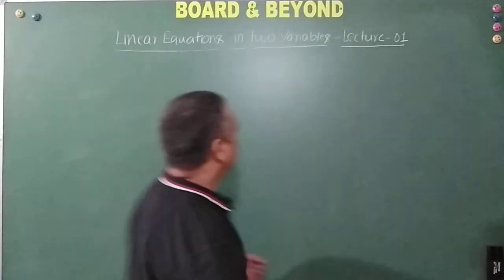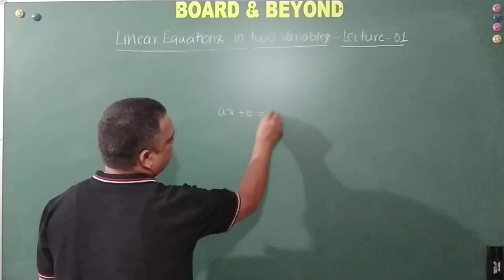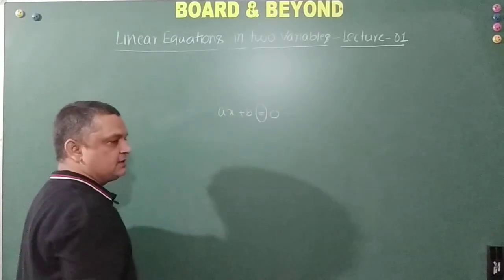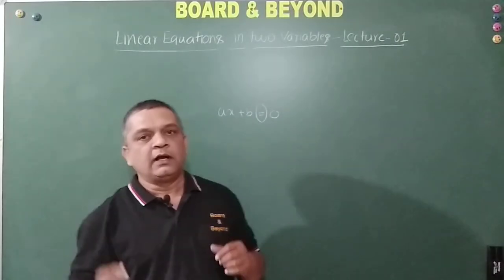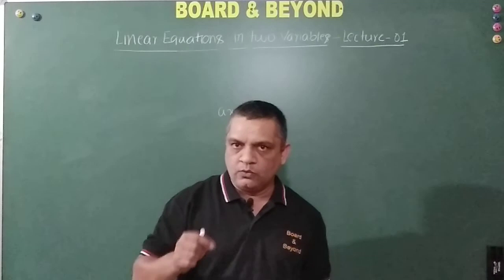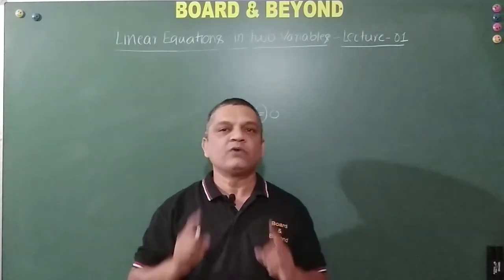For example, let us say ax plus b is equal to 0 is an equation because the equal to sign is available here, right friends? So now coming on to two variables. Friends, till now what we have seen in polynomials is expressions with only one variable.